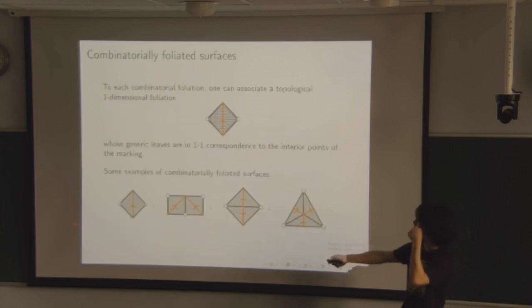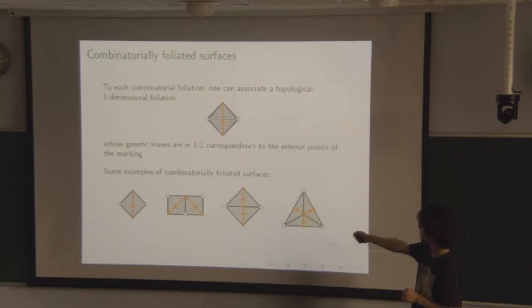So here are some examples of combinatorially foliated surfaces. This is just the elementary quadrilateral itself. This is one where we have glued two of them, and note that this vertex is a sink in both quadrilaterals.